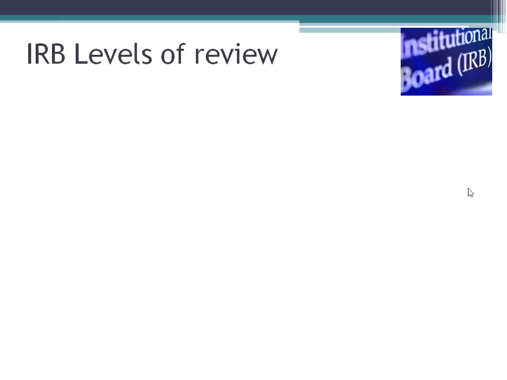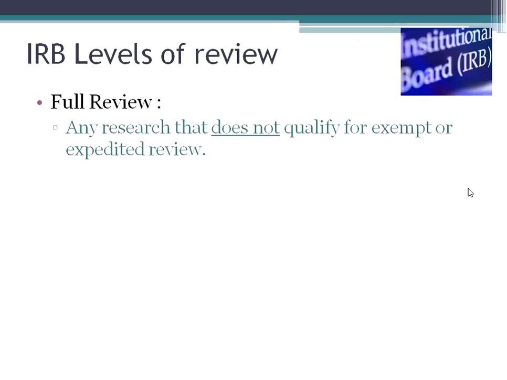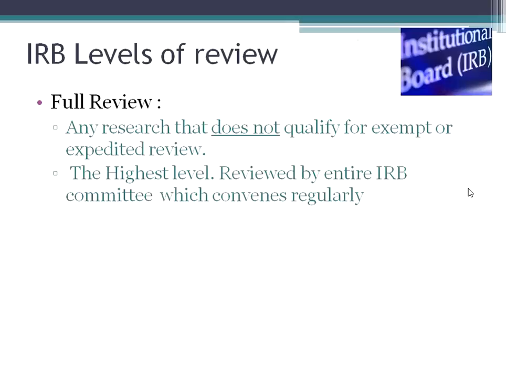The last level of review is full board review. So this is any research that doesn't qualify as exempt or expedited. It's the highest level of review. It can involve more than minimal risk. So for example, that forgiveness study where people are writing about a time when someone hurt them and they apologize, that was a full review. This takes the longest to process.